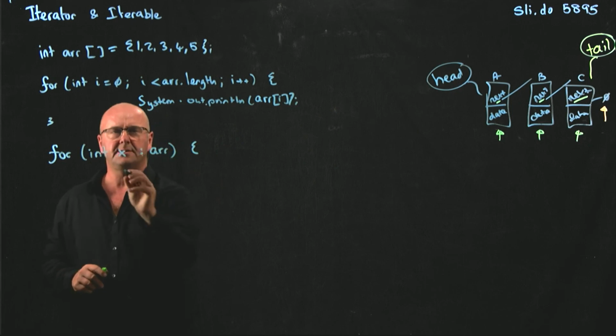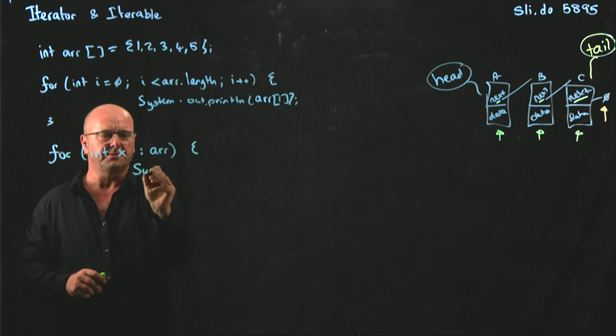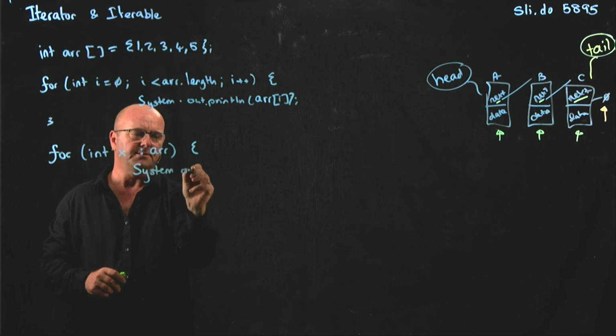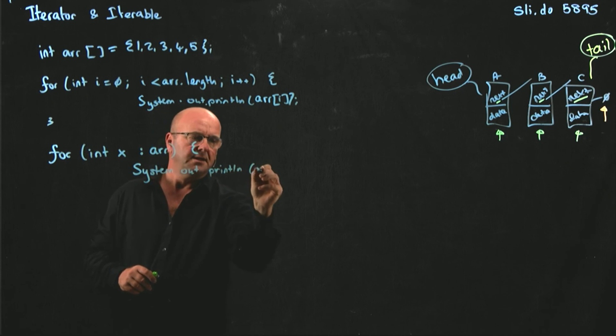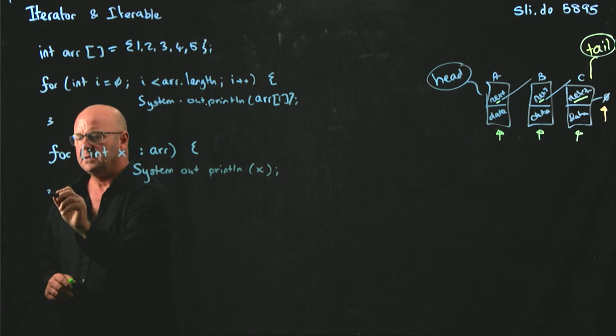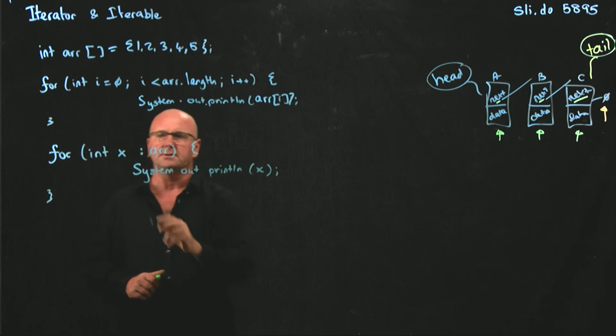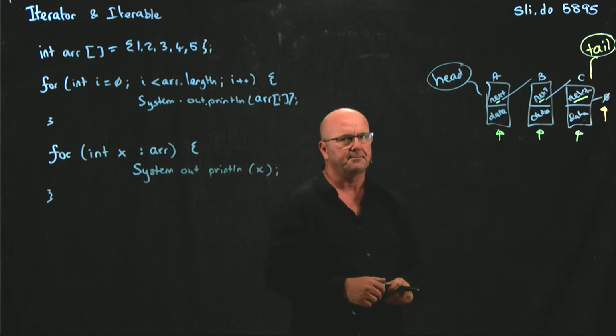And now you can do whatever you want. So for example, system out print x. Okay. So these two blocks of code do the same thing.